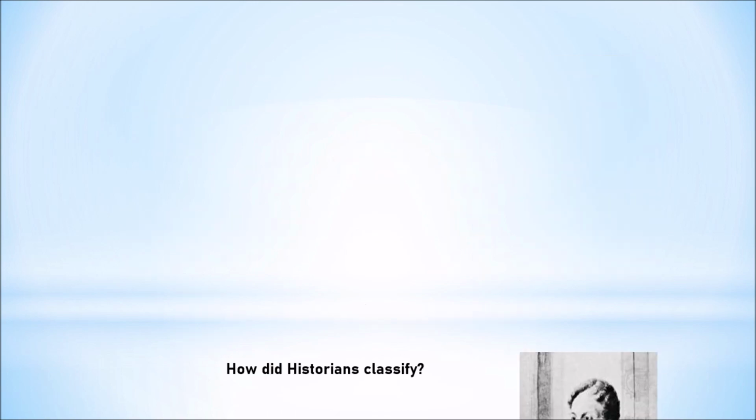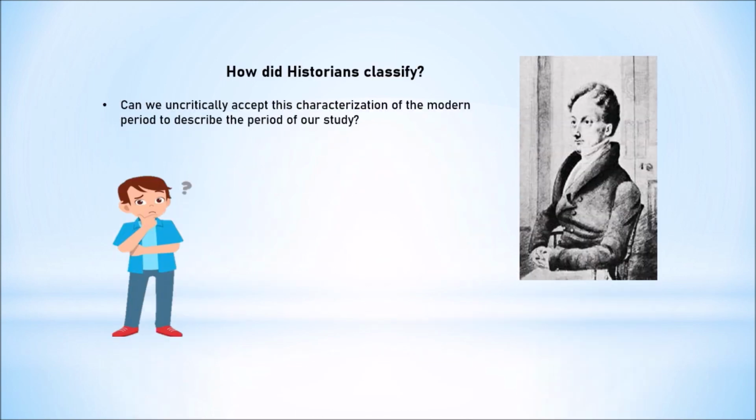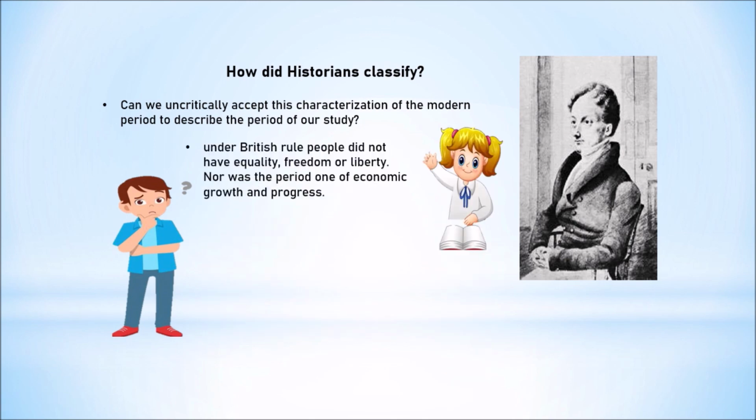We also ask, can we uncritically accept the characterizations of the modern period to describe the period of our study? Under the British rule, people did not have equality, freedom or liberty, nor was the period one of economic growth and progress.